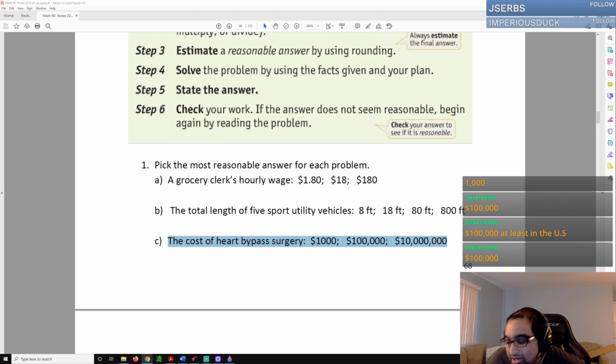So again, the most reasonable one here would be $100,000. Unfortunately, healthcare is rather expensive. I wish we could pay $1,000 for heart surgery, but sadly, $100,000 actually would probably be the cost because of how expensive hospitals and healthcare are. So $100,000 is the most realistic in the United States.